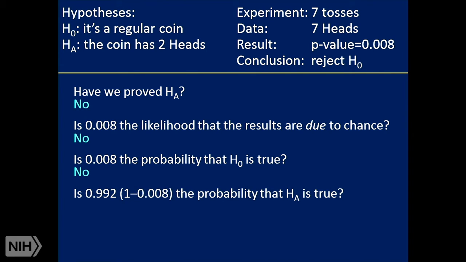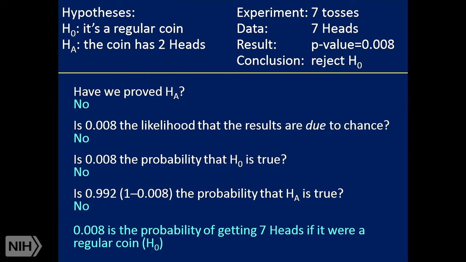Is 1 minus 0.008, 0.992, the probability that the alternative is true? No. It's just simply 0.008 is the probability of getting 7 heads if it were a regular coin. Not more, not less. What I've shown you on the slide is the commonly misinterpreted p-value, the way p-value is misinterpreted.